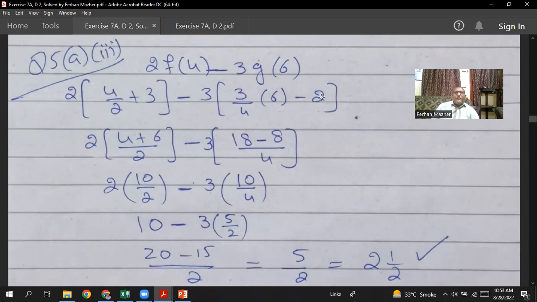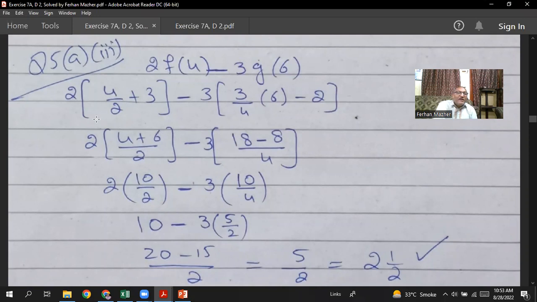So 2, put a square bracket, and then in that function of f, substitute x with 4. So you will have 2 bracket 4 by 2 plus 3, and square bracket close, minus 3. And put a square bracket in the function of g, substitute x with 6. So you will have 3 by 4 into 6 and minus 2, close the square bracket.